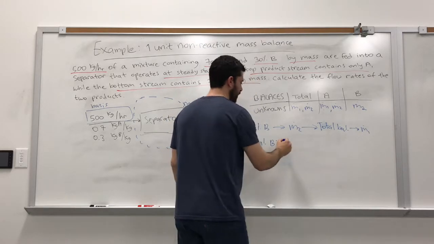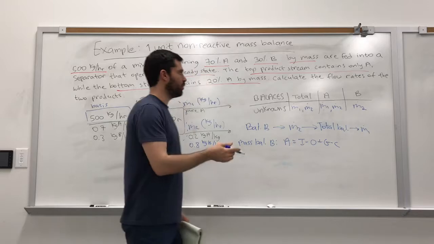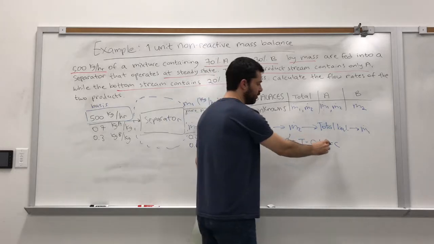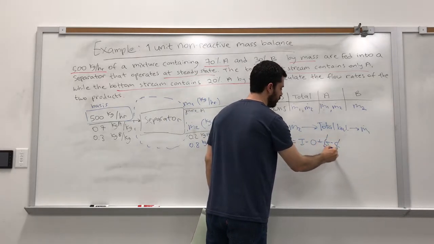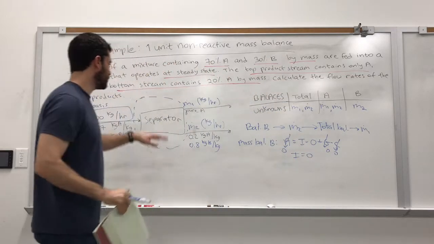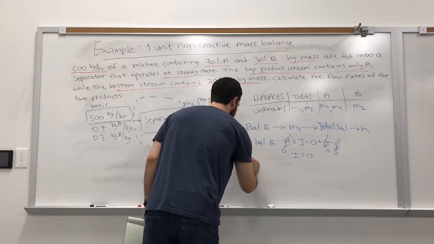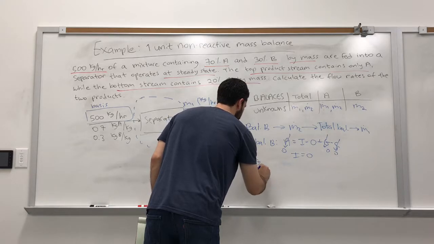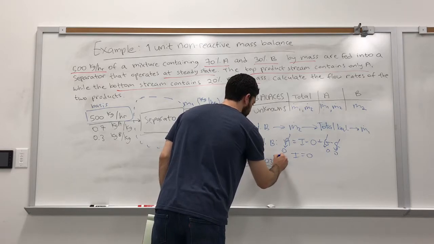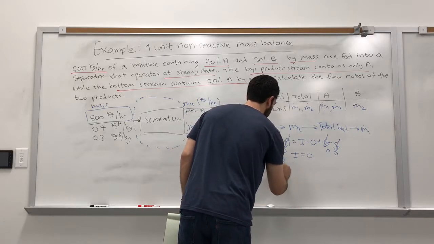So I'm going to write out the mass balance, which is A equals I minus O plus G minus C. Now again, we were told that this is at steady state, so accumulation equals 0. And it's a non-reactive system, so G and C both equal 0. And the balance ends up being in equals out. So now we look at our system, and we go first in. What goes in? For B, we have 500 kilograms per hour multiplied by 0.3 kilograms B per kilogram.